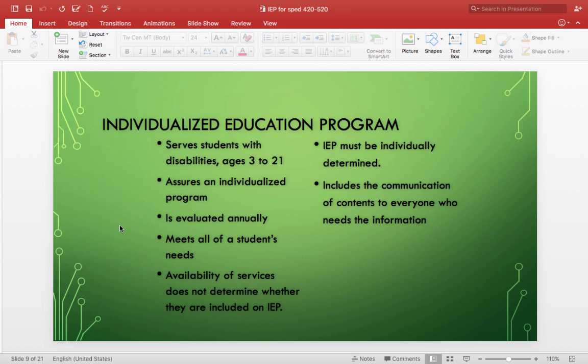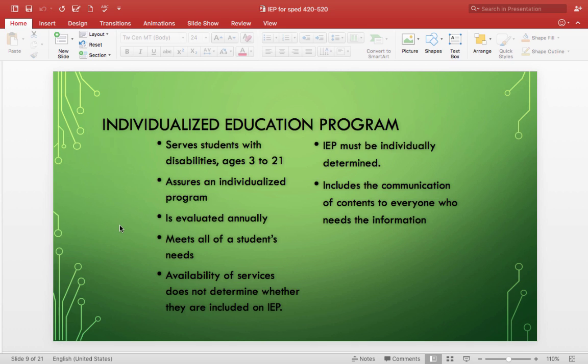So, who does the IEP provide for? Now, many of you are teaching, and so this is kind of a review, but the IEP serves students from 3 to 21, and actually the IFSP serves students from birth through age 5 or into when they start kindergarten.